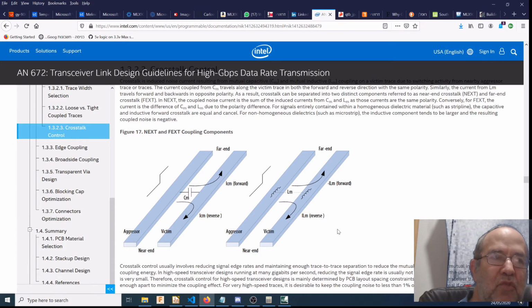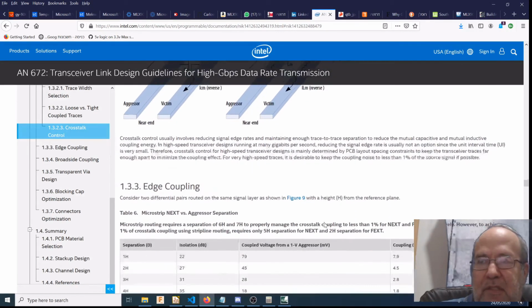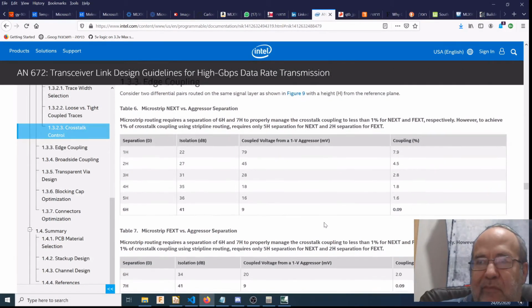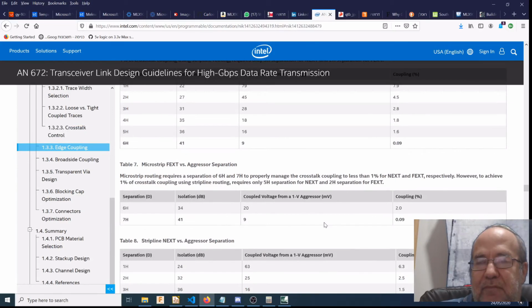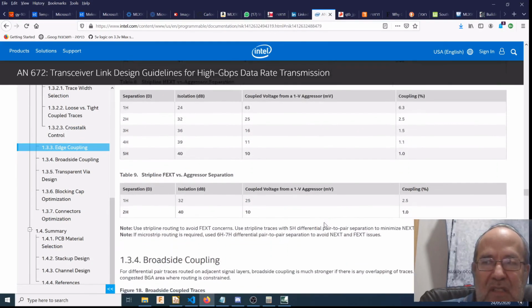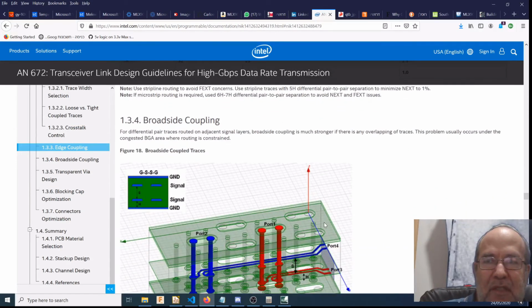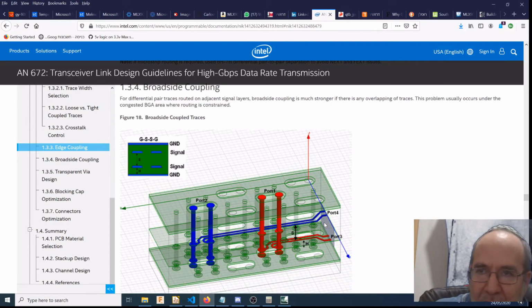One towards the receiver and one towards the transmitter, your TX. Okay, this is near end and far end, edge coupling. Okay, I don't want to go overly into detail of this. Okay.